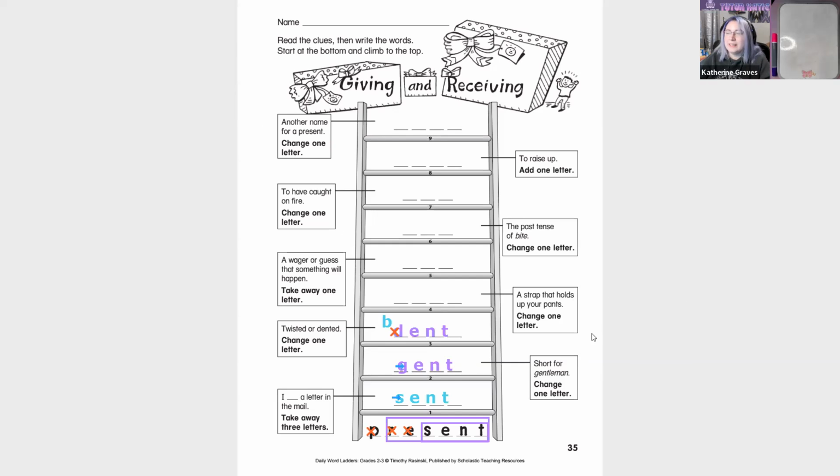Something that holds up your pants. So if we have B, E, and T to work with, we need a 4-letter word that means something that holds your pants up. What are some things that can hold your pants up? Sometimes they're used just for fashion and not to hold your pants up.